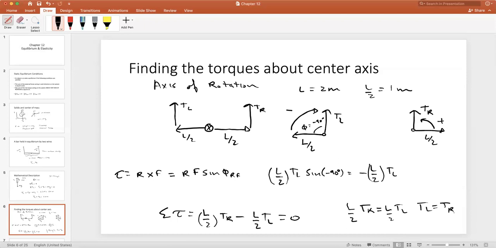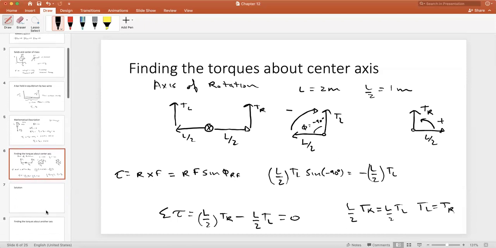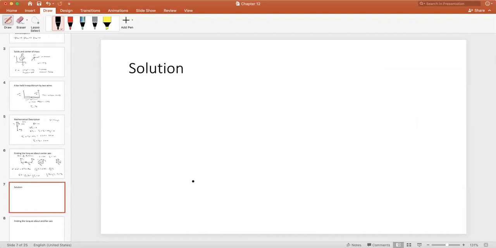So our solution is, using the two equations that we found, T_R plus T_L was 50 newtons. Secondly, we found that T_R was equal to T_L.